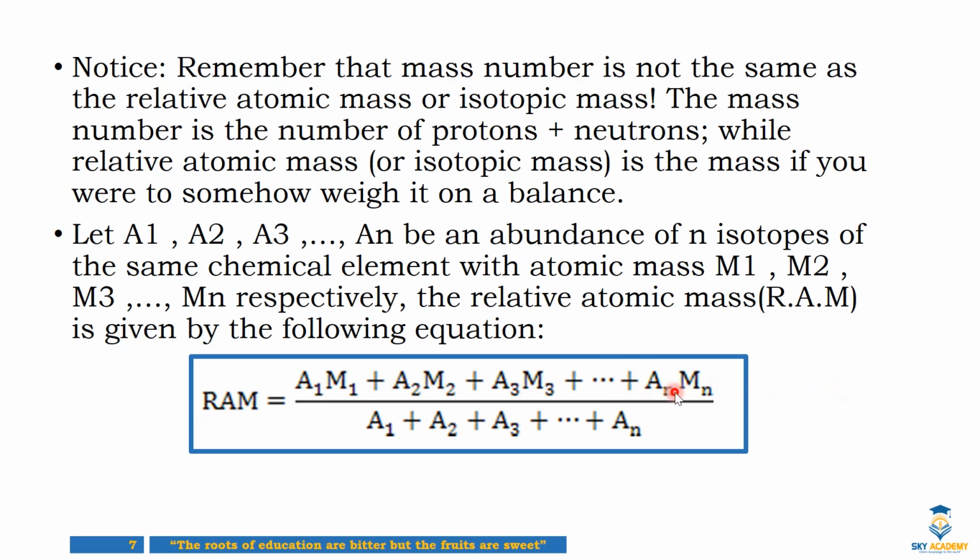But you say abundance n times atomic mass n because we don't know how many isotopes each element has. Then we divide by the abundances: abundance 1 plus abundance 2 plus abundance 3 plus abundance n. So this is our formula.